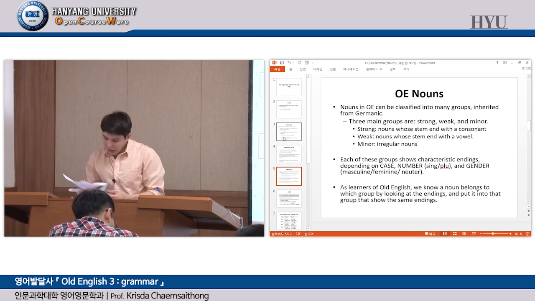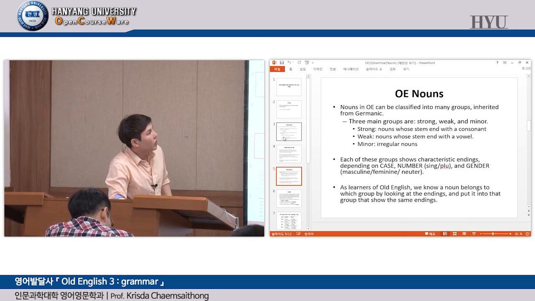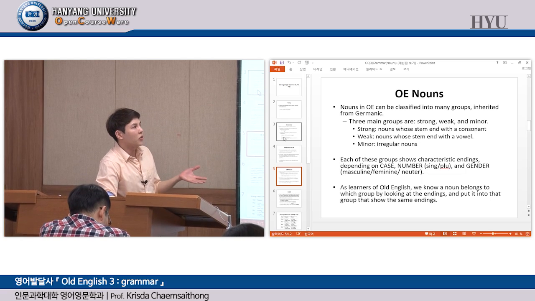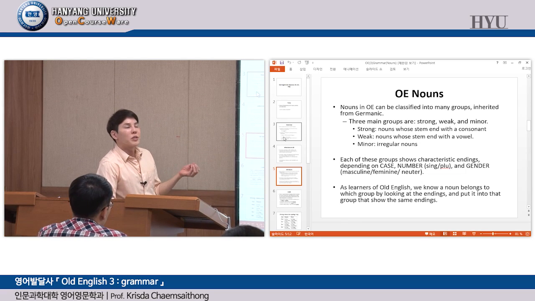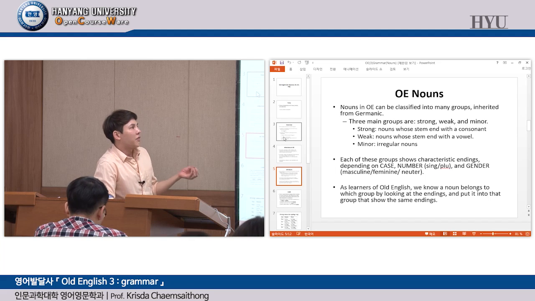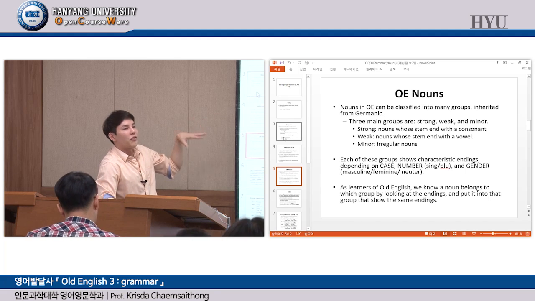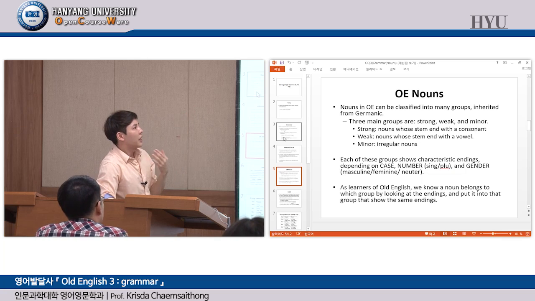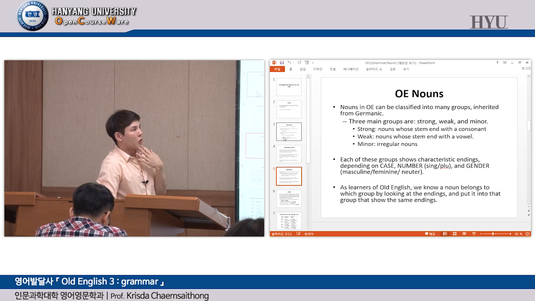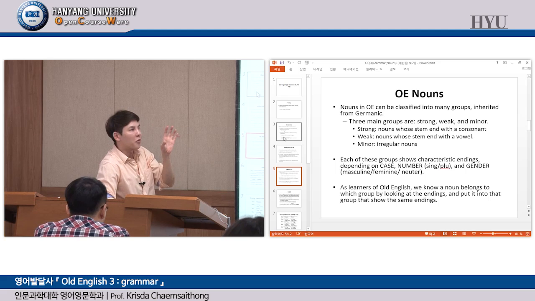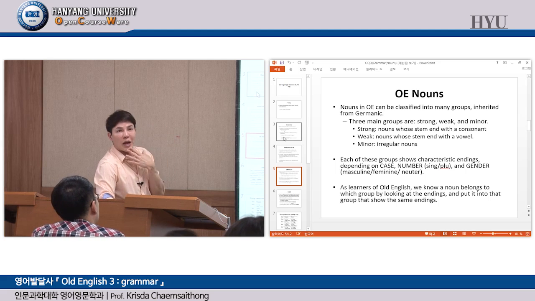Nouns in Old English can be classified into many groups, and these groups were inherited from Germanic, meaning that they are like that from the Germanic period. So we have three main groups: strong, weak, and minor.